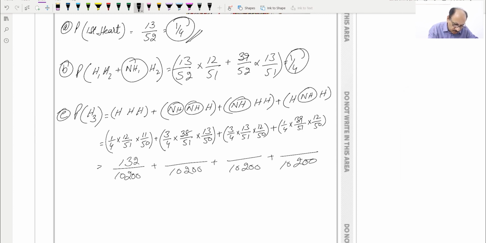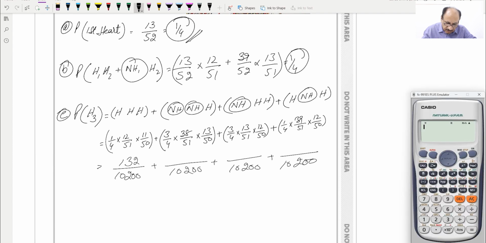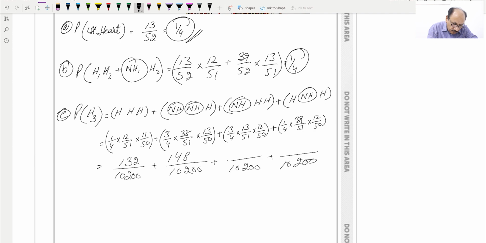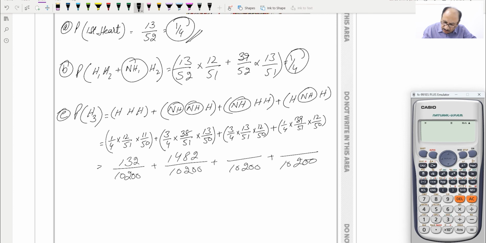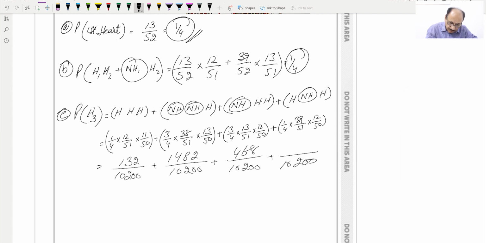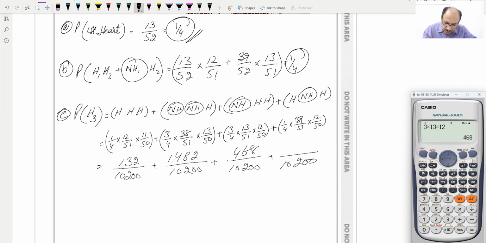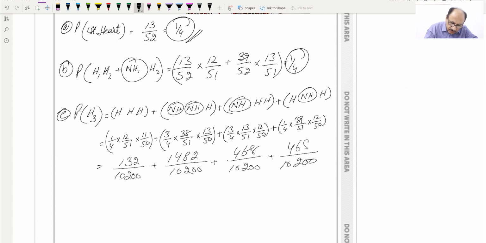For the second one, 3 multiplied by 38 multiplied by 13 results in 1482. The third one, 3 into 13 into 12 is equal to 468. And the last one is 1 multiplied by 39 multiplied by 12, giving us 468 again.